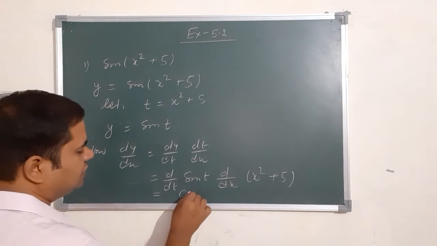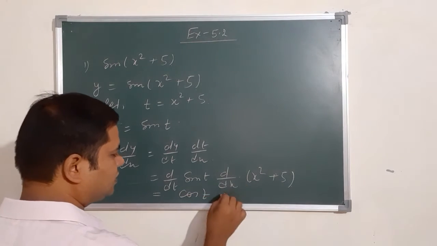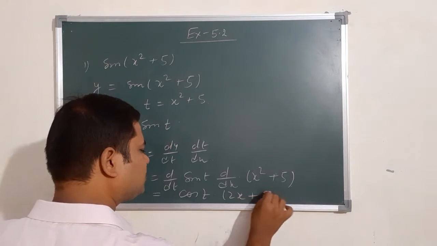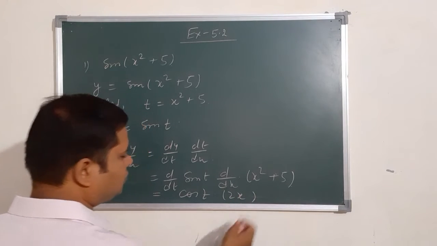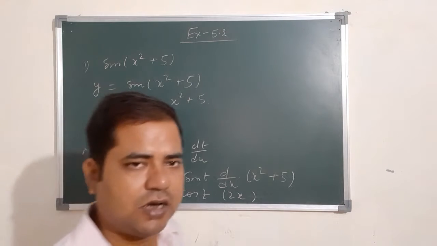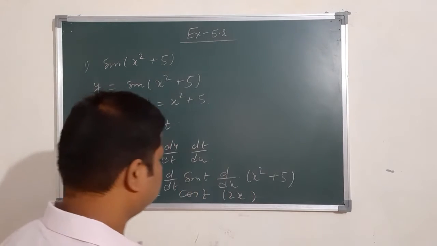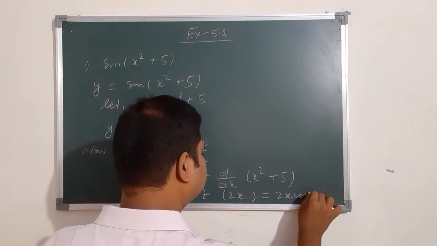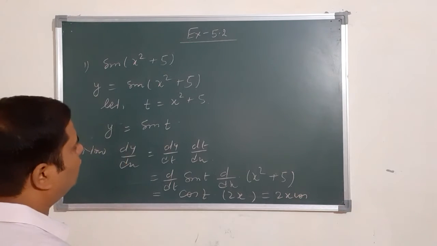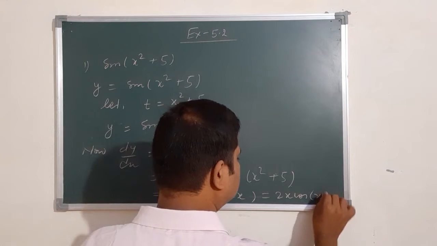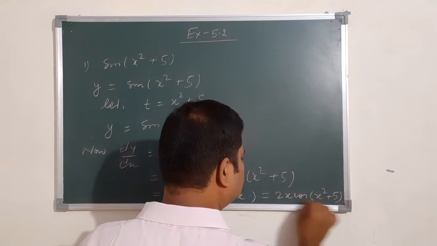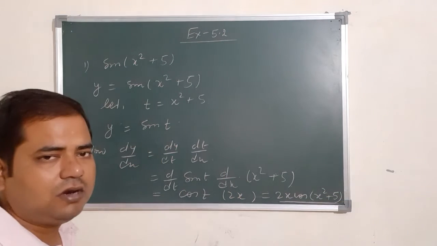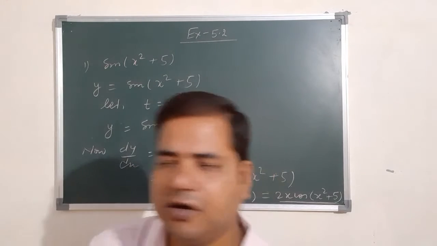Sin t is cos t, and this is nothing but 2x plus 0. That means 2x, because x to the power n gives 2x, and 5 is constant, this is 0. So the answer is 2x cos t, that means 2x cos of x square plus 5. So this is the answer for this particular question. So note it down.